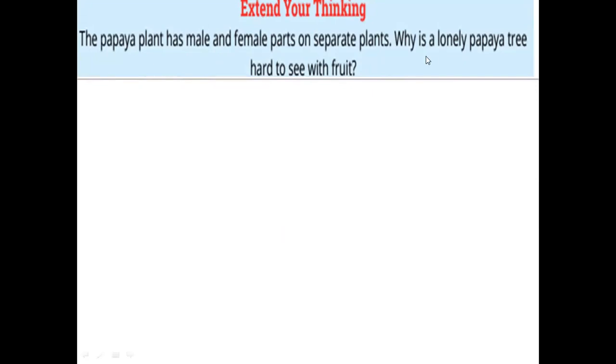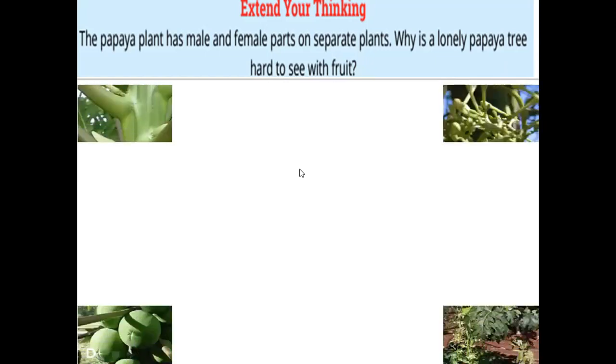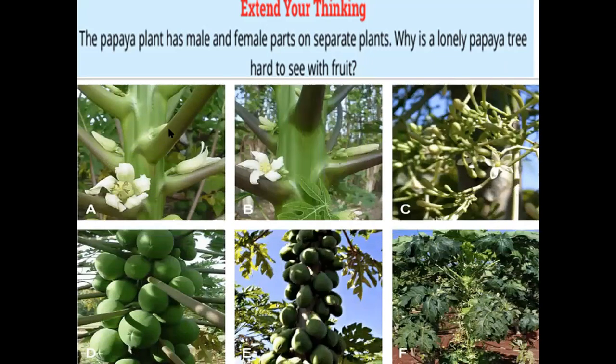So why is a lonely papaya tree hard to see with fruit? Like if one papaya plant is over there, maybe it will not produce fruit. Why? Here is the reason. This is a papaya plant. This is a female plant, which has one big flower at every stem, every branch.